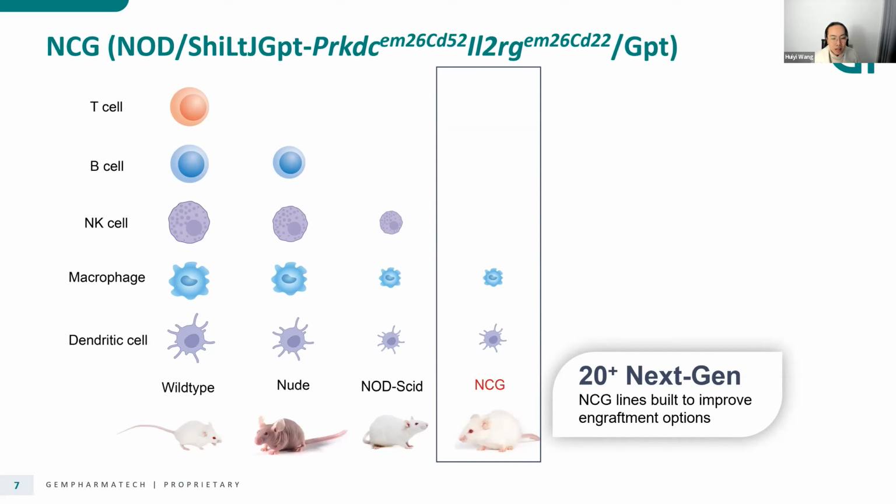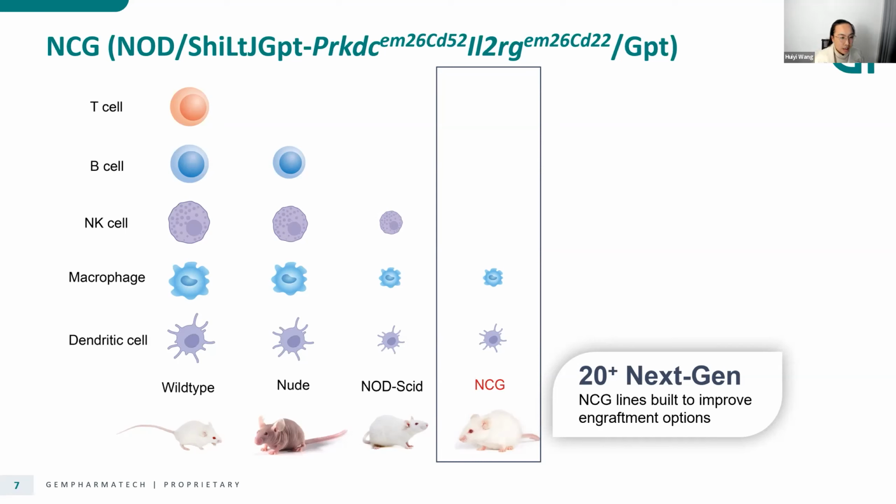So the reconstitution of the human immune system in NOD-SCID is relatively hard. Then we developed NCG mice based on NOD-SCID by deleting the IL2RG gene. So this mouse is one of the most highly immune deficient mouse models in the world.